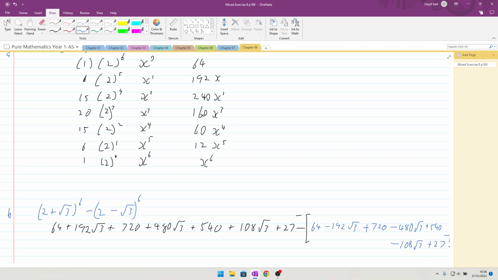There we go. Okay, and now we've got to change all the signs on those ones. So if we make this into a plus, this one becomes a minus, that's a plus, this one's a minus, plus, minus, plus, minus, when we get rid of those brackets.